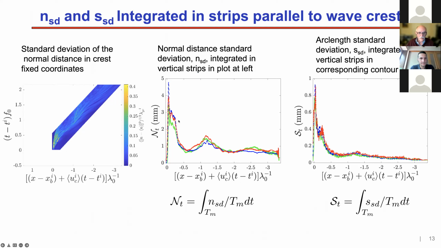And then as the second wave crest goes by, you can see the smaller peak in the standard deviation. This is the same kind of phenomenon shown in the standard deviation of the arc length. And this one over here, I believe, has to do with the closing of one of the indentations, which I'll talk about in a minute.